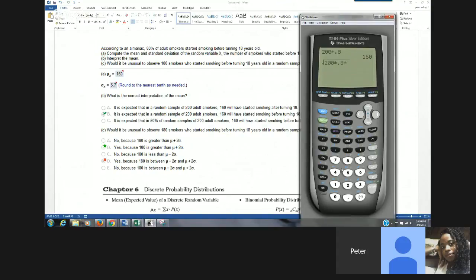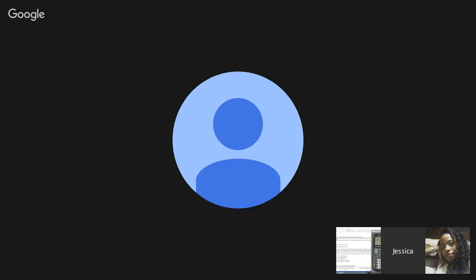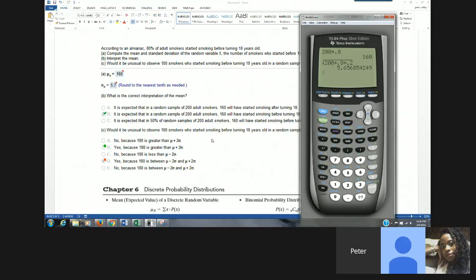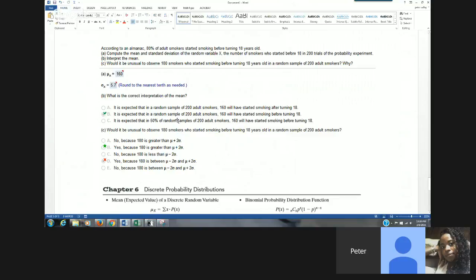If p is 0.8, then 1 minus p would be 0.2. And that ends up to be 5.65, so 5.7 rounded to the nearest tenth. What's the correct interpretation of this? Out of 200 adults, we'd expect about 160 to be smoking.